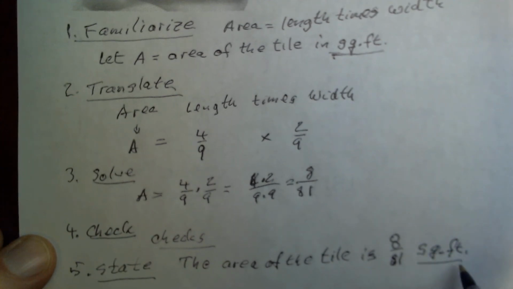Again, the unit of measure is just as important as the answer, because without that, we have to guess what is meant by this answer. So this is absolutely critical, to have the correct unit of measure.